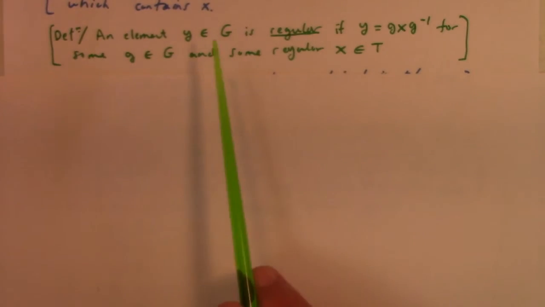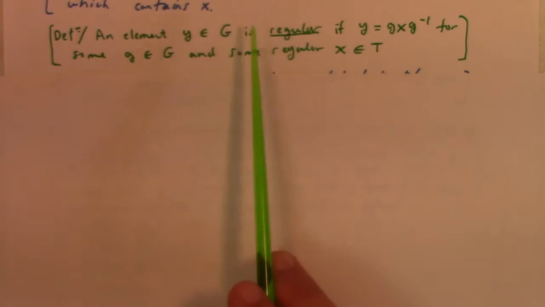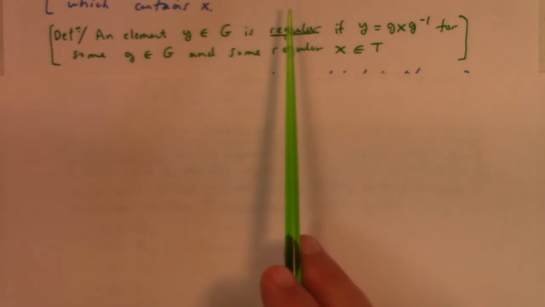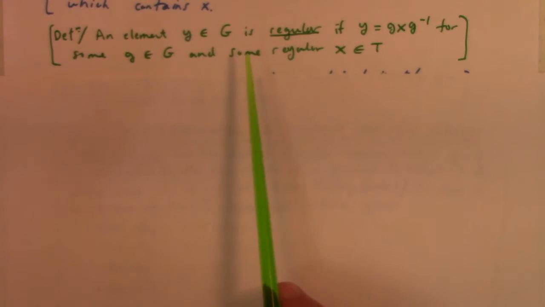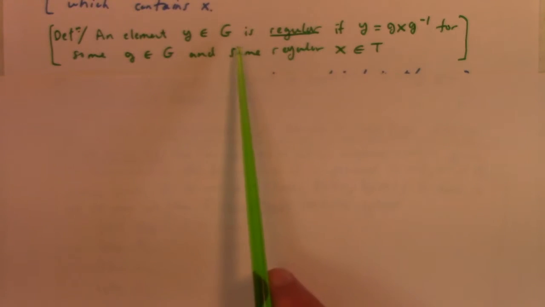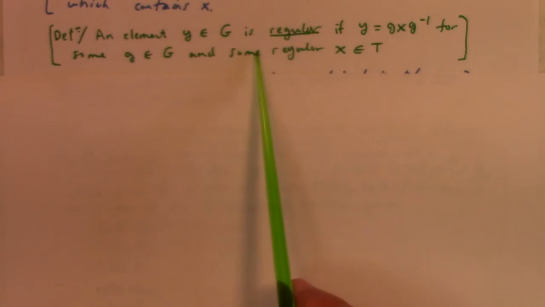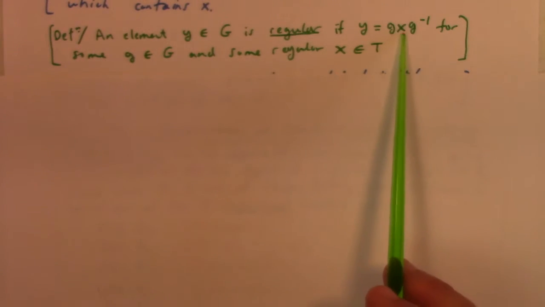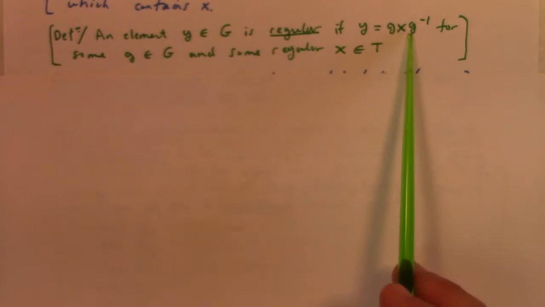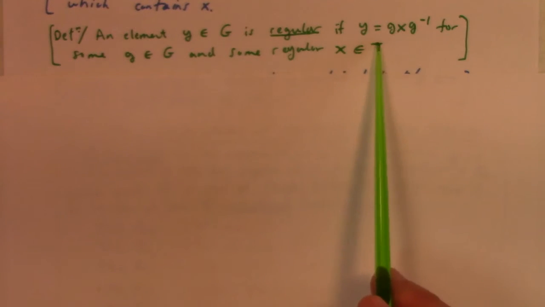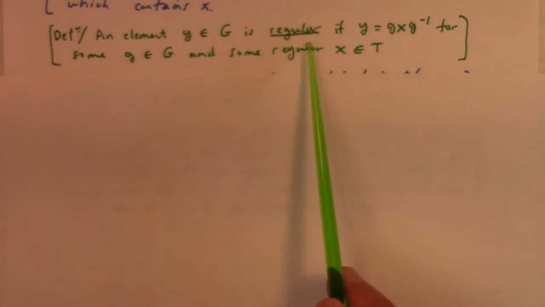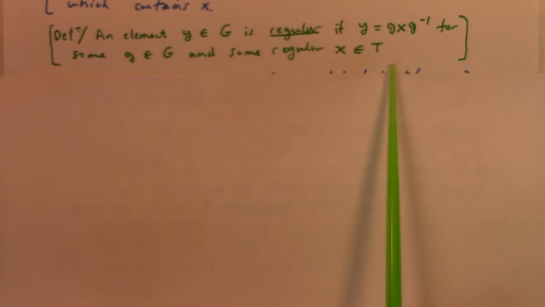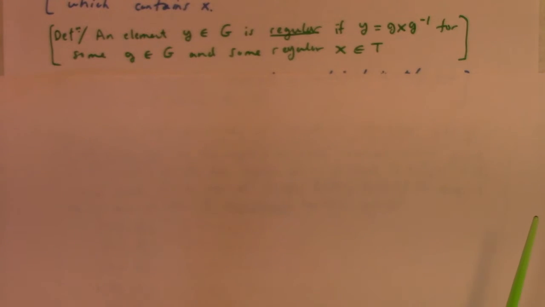So an element y in G, now, we defined regular in the torus just a second ago. Now I'm defining regular in the group. An element y in G is regular if y is equal to the conjugation of x for some regular x in the torus, right? So regular elements in the group are reached by conjugation from regular elements in the torus.